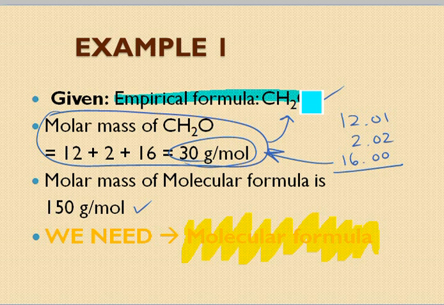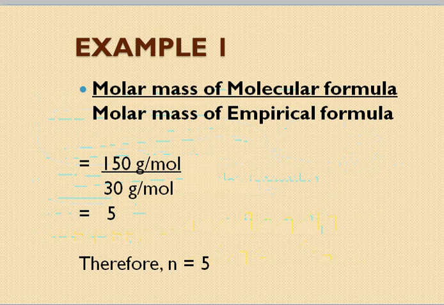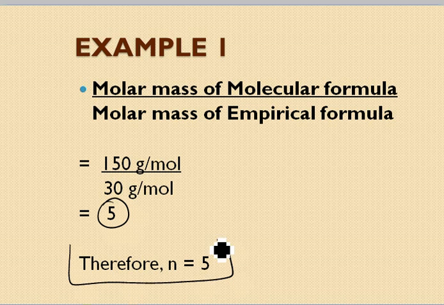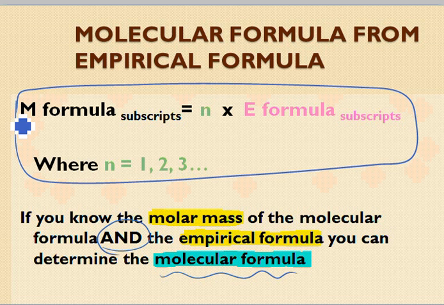We have the empirical. We were given the molar mass of the molecular. We calculated the molar mass of the empirical. So with that, you have the molar mass of the molecular formula, the molar mass of the empirical formula. When you divide, that gives us a number of 5. This is that N value that showed up back here, and I didn't really talk about it because it wouldn't make sense back there.